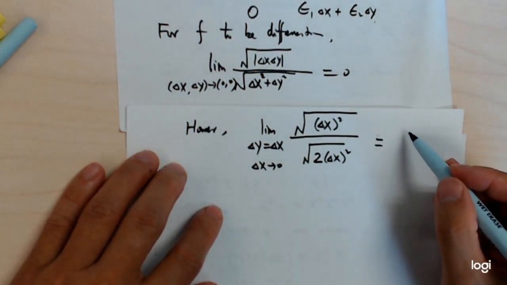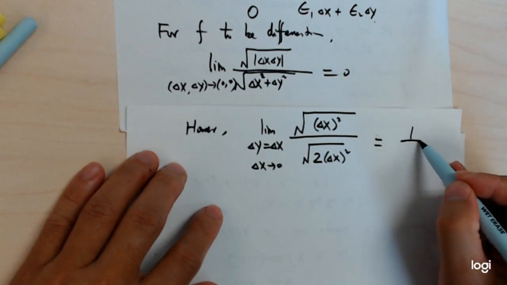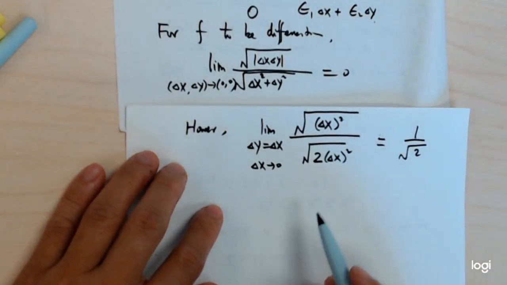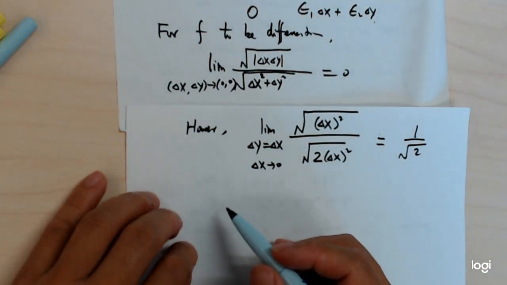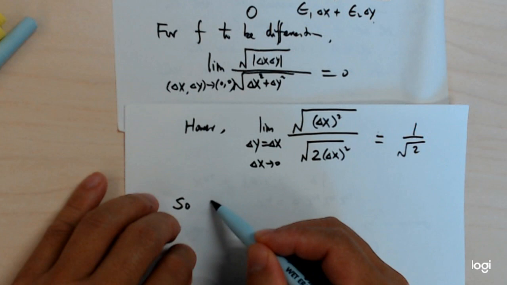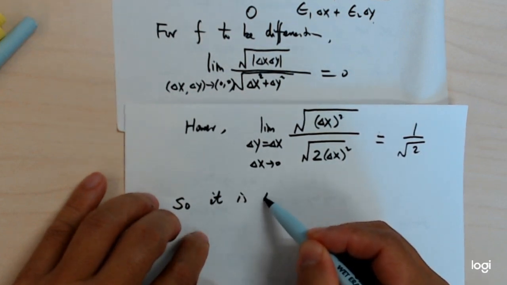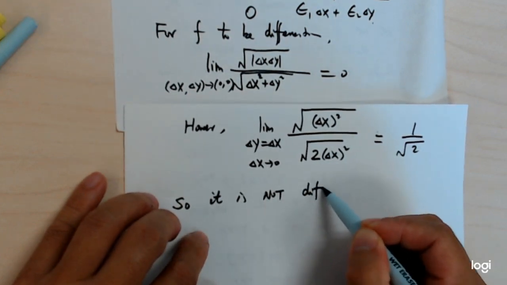But the constant is not 0. This goes to 1 over square root of 2. It's just not 0. So it is not differentiable.